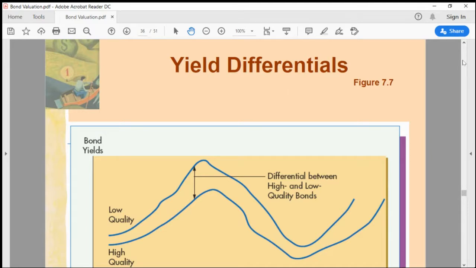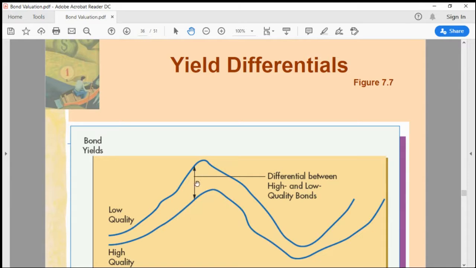And I talked about the yield differential between the 10-year Treasury and like the 3 months Treasury bill, right?